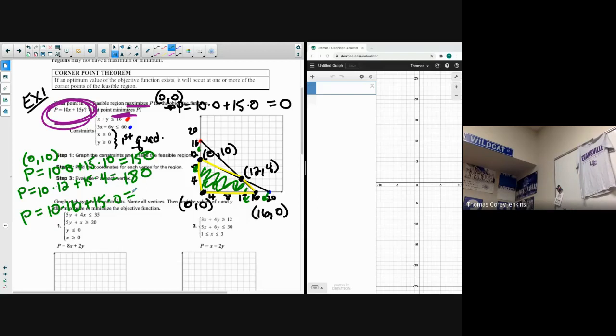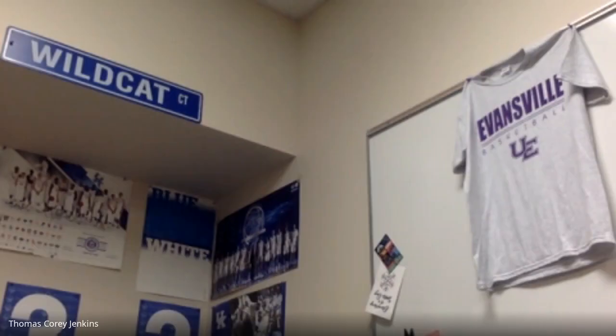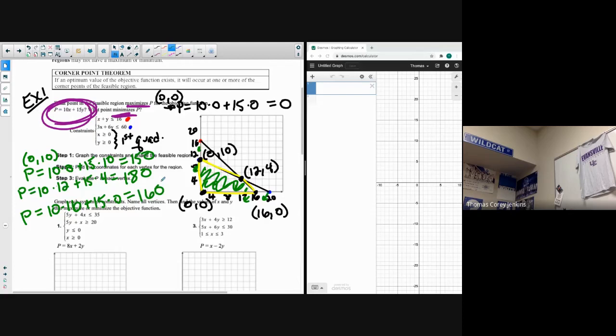All right, so again, we want to know what's the maximum and what's the minimum. At this point, we're just looking at the output values, the P values. My smallest number looks like 0. So that's going to be my minimum.